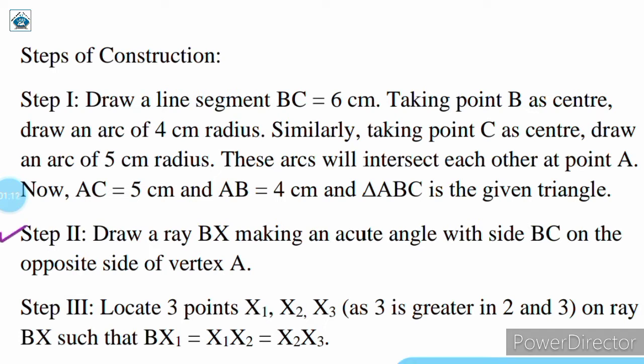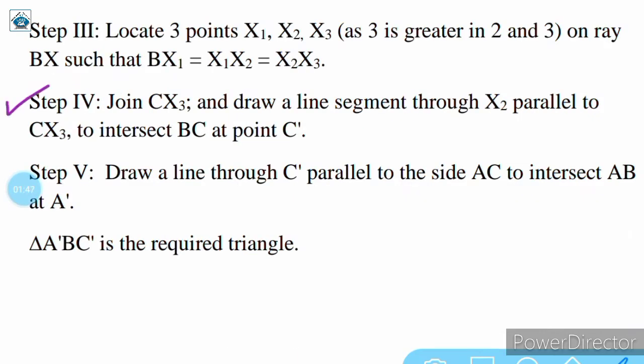Step 2. Draw a ray BX making an acute angle with side BC on the opposite side of vertex A. Step 3. Locate 3 points X1, X2, X3 on ray BX, as 3 is greater of 2 and 3, such that BX1 is equal to X1X2, which is equal to X2X3. Step 4.